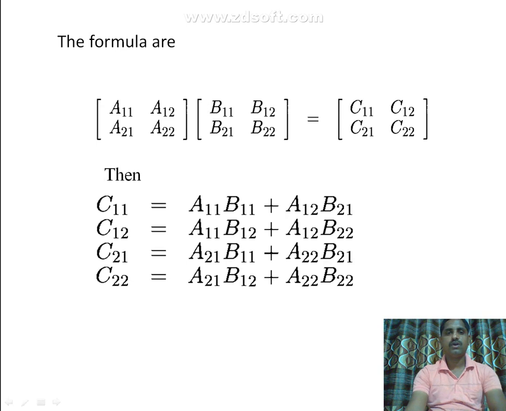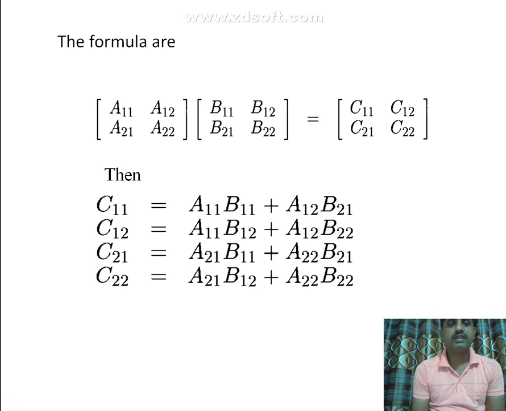See the formula: A11, A12, A21, A22 and B11, B12, B21, B22 equal to C11, C12, C21, C22. How do we calculate that?